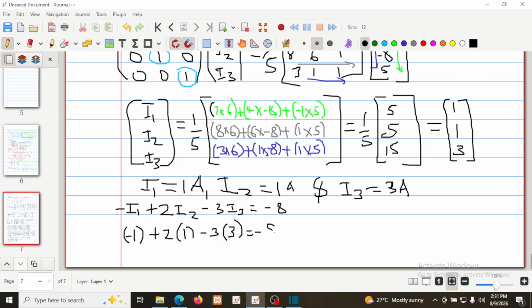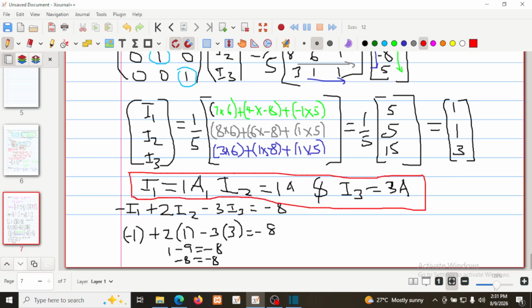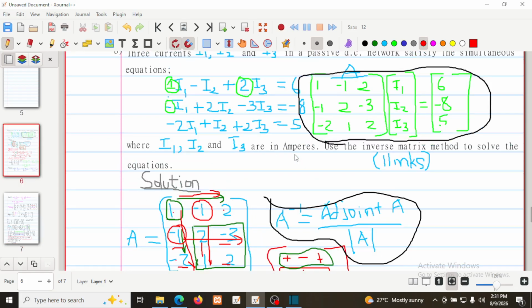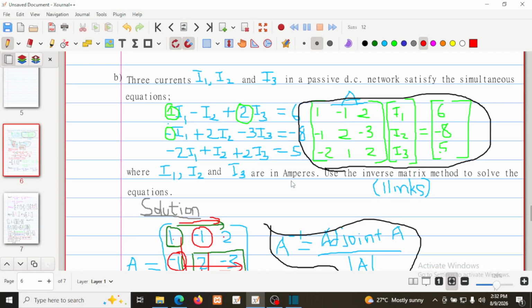Will it give us negative 8? Negative 1 plus 2 is 1, minus 9. Yes, it is negative 8. So that means you got this correct. These are the results of finding the currents. So now you have your answer of calculating this problem using the inverse matrix method.